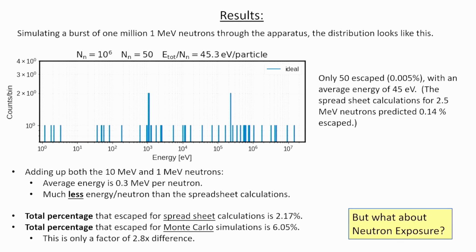If you add both the 10 MeV and the 1 MeV together, the average is 0.3 MeV neutrons. And this was less energy than what I calculated in the spreadsheet. But the total percentage that escaped for the spreadsheet was 2.1%, whereas for the Monte-Carlo, it was 6%.